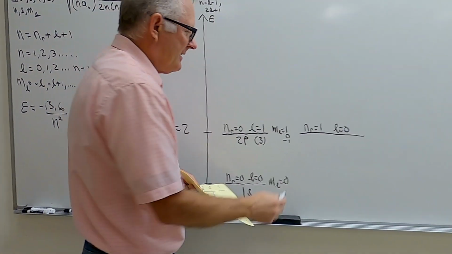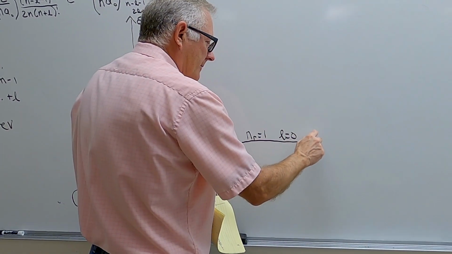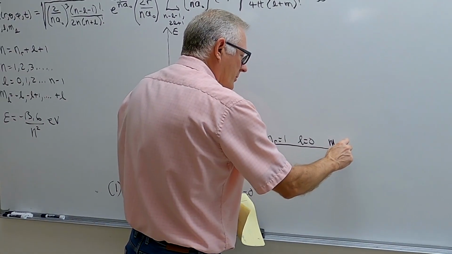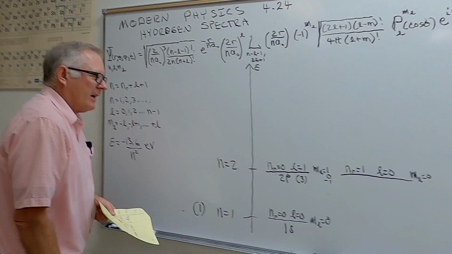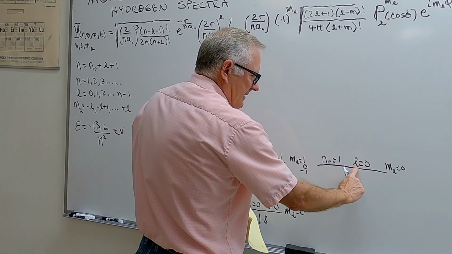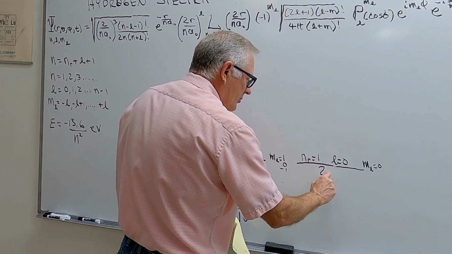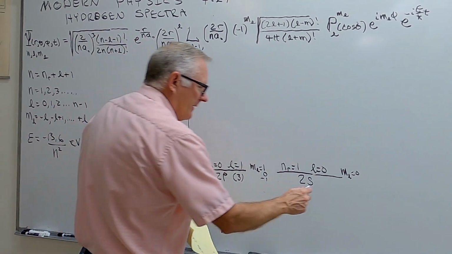Well, since L is equal to 0, m sub L can only be 0. Remember, it goes from plus this to minus that. And we would call that the 2s state, since L equals 0. That's the 2s state, and there is just one of them right here.